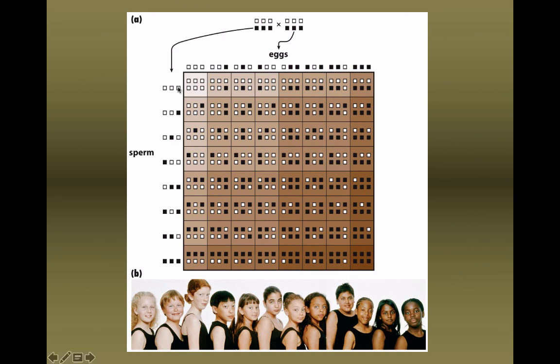So if you inherit 3 copies of the light allele from dad and 3 copies of the light allele from mom, then you're going to have all light alleles and you're going to have very, very light skin. At the other extreme, if you inherit all 3 dark alleles from dad and all 3 dark alleles from mom, you're going to have all dark alleles and very dark colored skin. But there aren't just 2 skin tones in the population of humans.